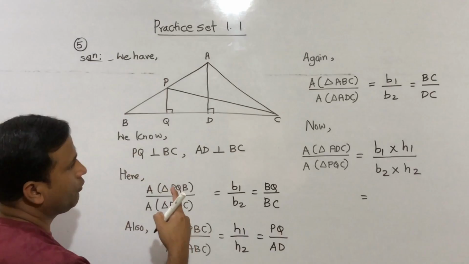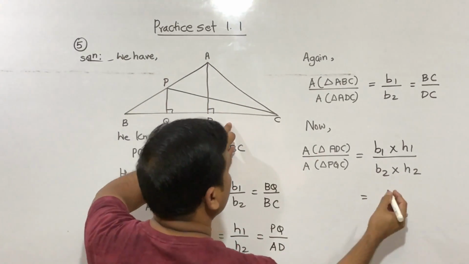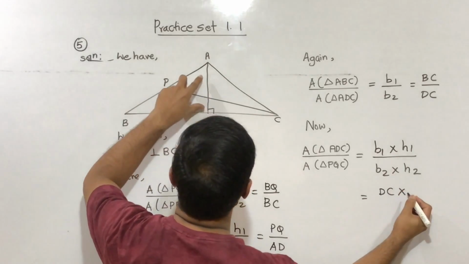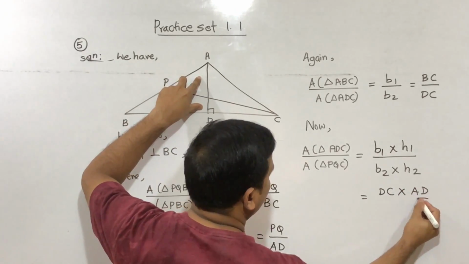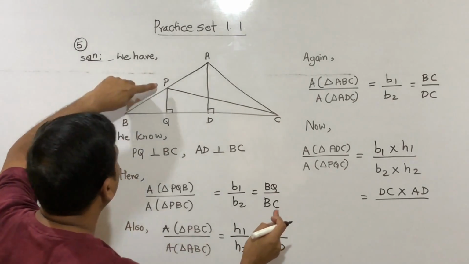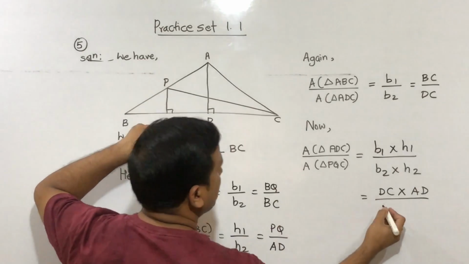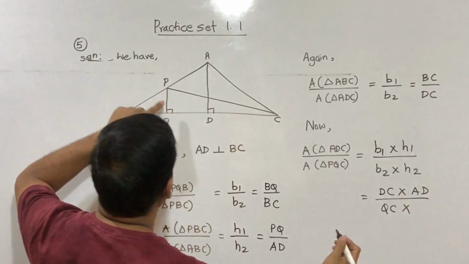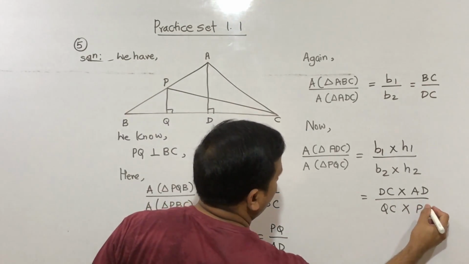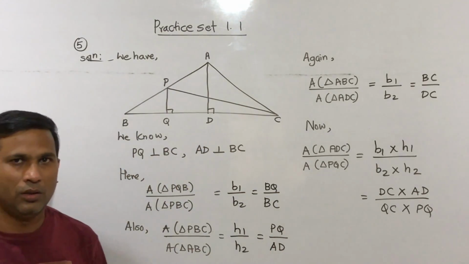The base for triangle ABC is BC, height is AD. Similarly, the corresponding base and height for triangle PQC will be base QC and height PQ. So this way you get all four ratios. Thank you.